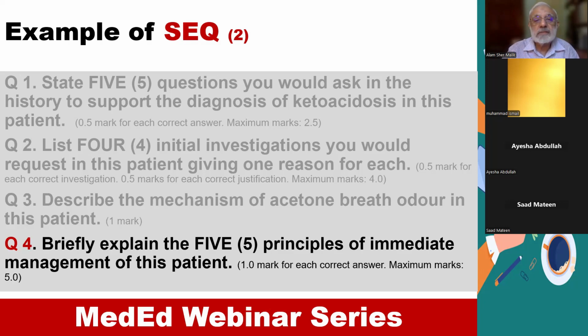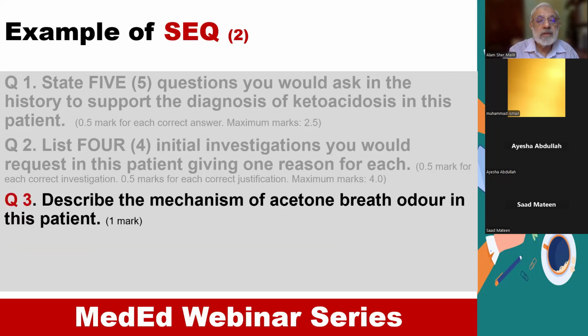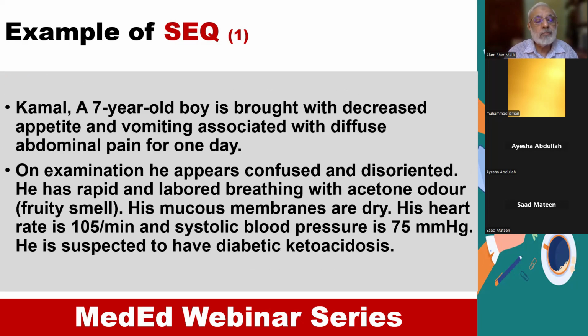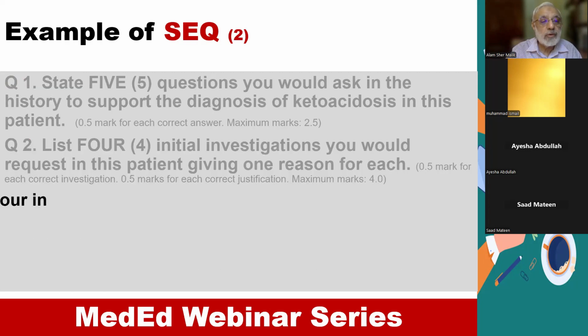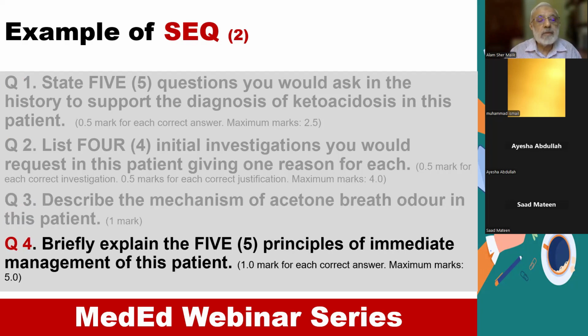So this is a classical example of short essay questions, where we give a scenario which may include the presenting complaints and examination findings, and on that we prepare multiple questions. In this format, we can have integrated questions.